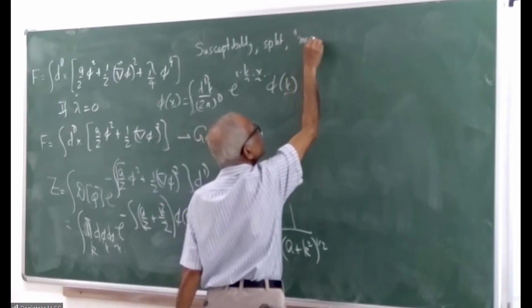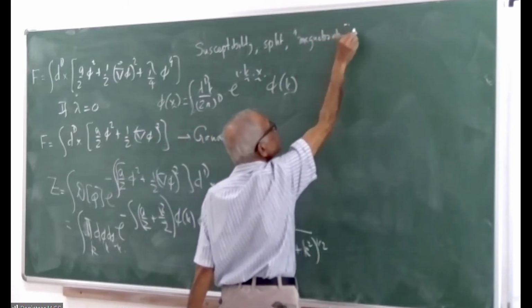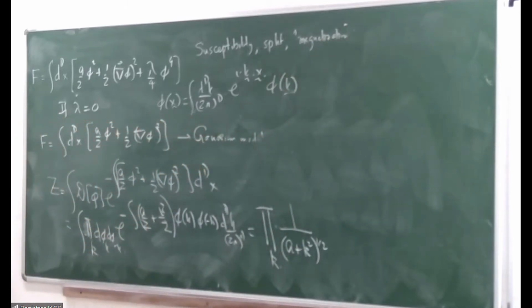Quote unquote, magnetization is the expectation value, which can be a density difference. So those are the things that I want to calculate. Gaussian model has no phase transition, mind you, because there is no φ⁴ term. Without the φ⁴, as soon as A becomes negative, the model fails.